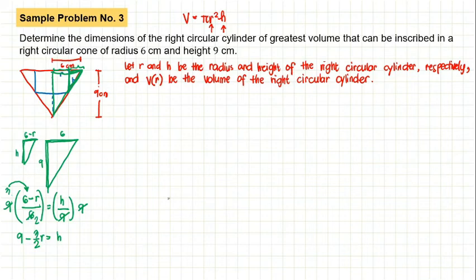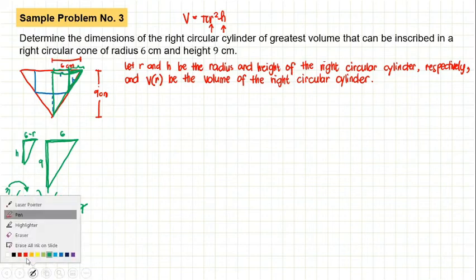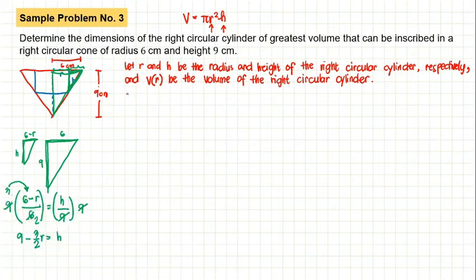Okay? Thus, we can now give the objective function. Thus, V of x is now equal to pi times the radius squared and our height, which is 9 minus 3 halves r.